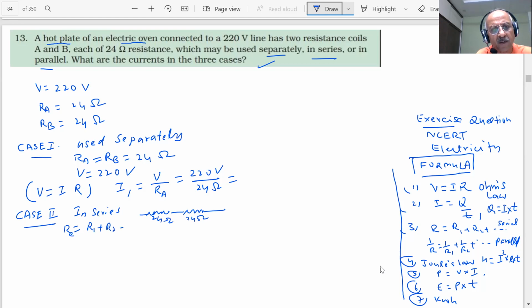R1 plus R2 will be 24 plus 24, 48 ohm. Then what will be the value of the current in this case? 220 volt divided by 48 ohm. Find the value of this.